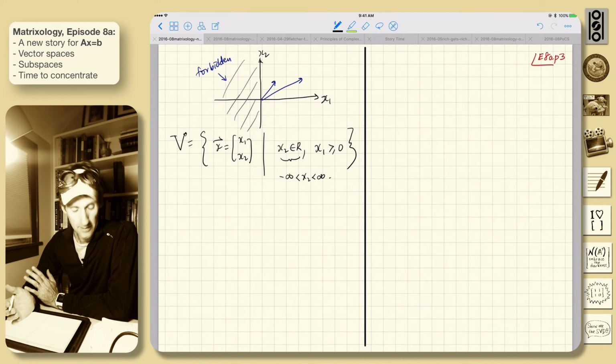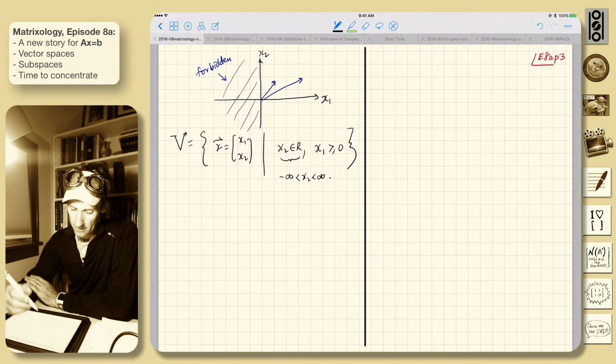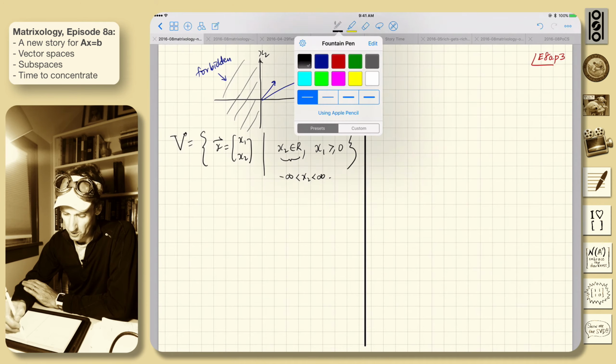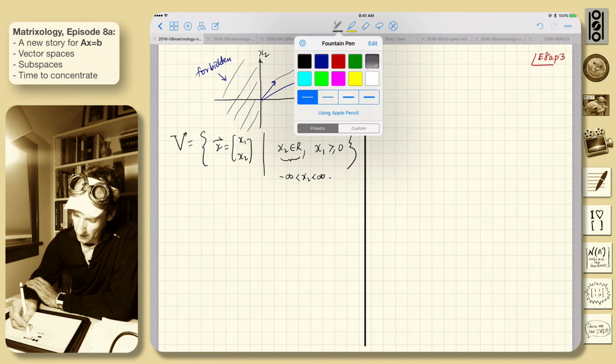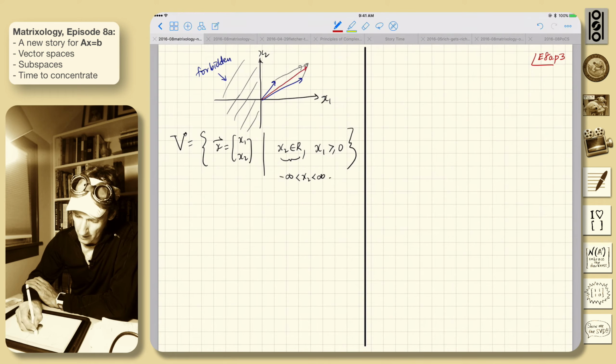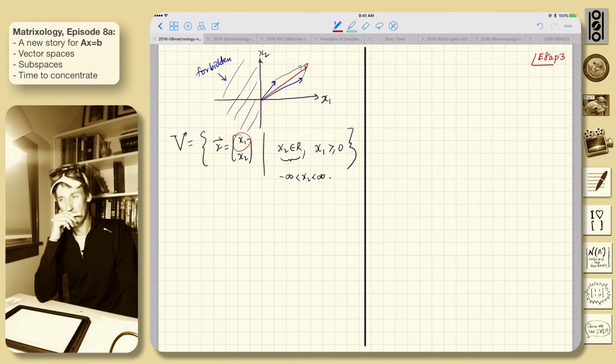So is that a good vector space? Well, let's think about some things you can do here. We can add them together. Let's add these two together, for example. Boom, so that's good. You can think about this: if x1 is always at least 0, and then you add two vectors with that property, that's still true.